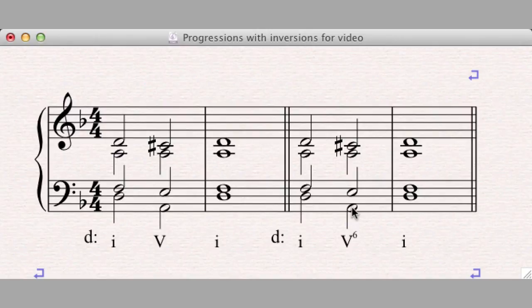So let's see what happens. For instance, if I just take the bass and do that, well, we get third and root and fifth. So is that okay? Well, of course, we have to look even closer, because look, we have this parallel octave here. And this parallel octave we can't have.